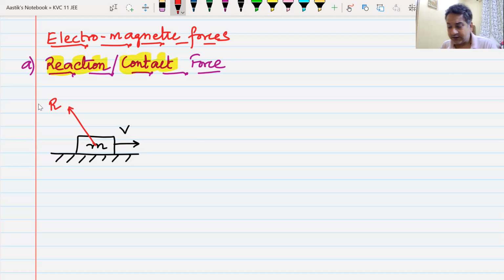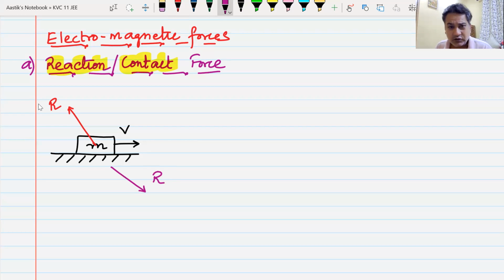Now here we have seen Newton's first law of motion, but here we might use the third law of motion as well. Anyone knows the third law of motion? For every action, there is an equal and opposite reaction. So if the ground exerts a force R on this block, the block will also exert an equal and opposite force on the ground.